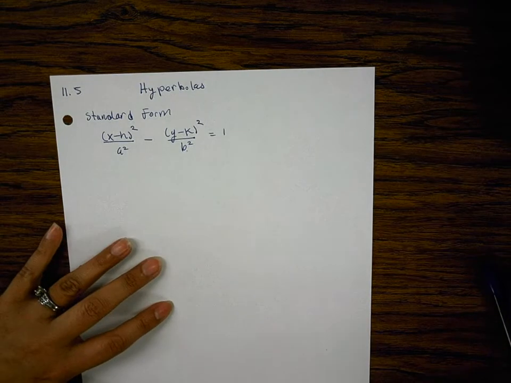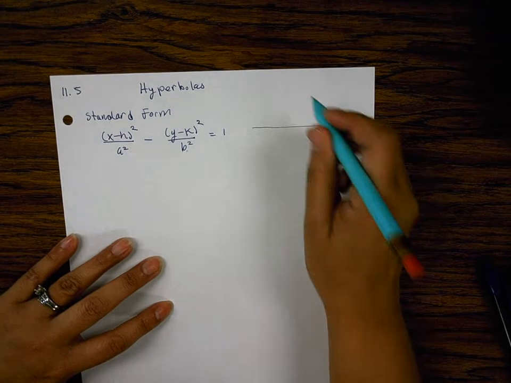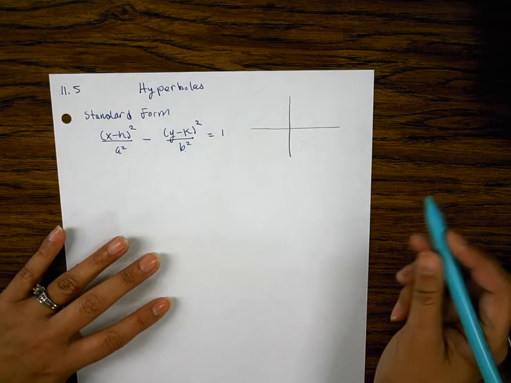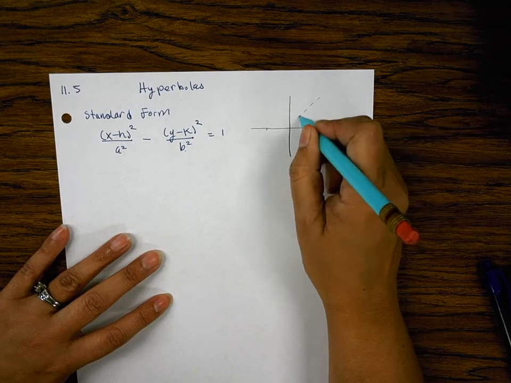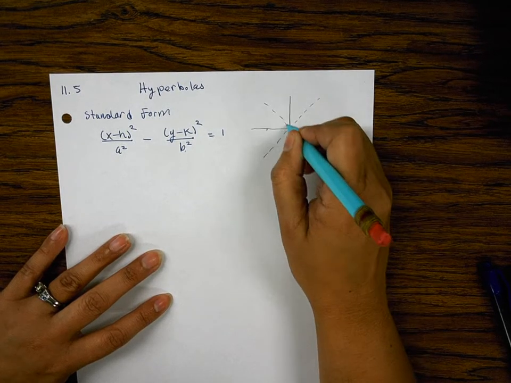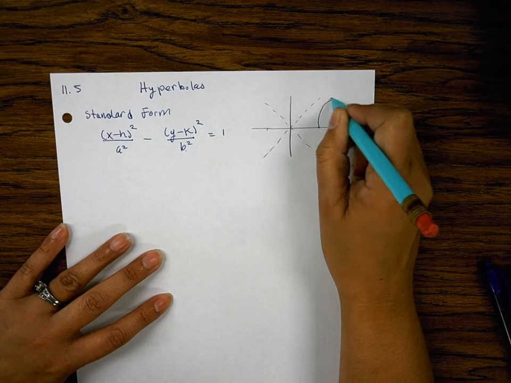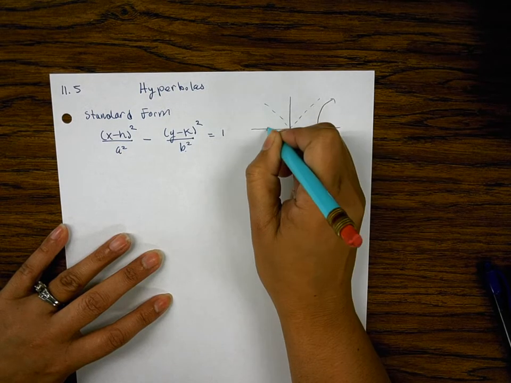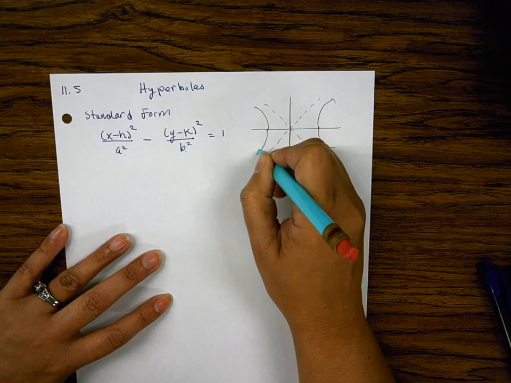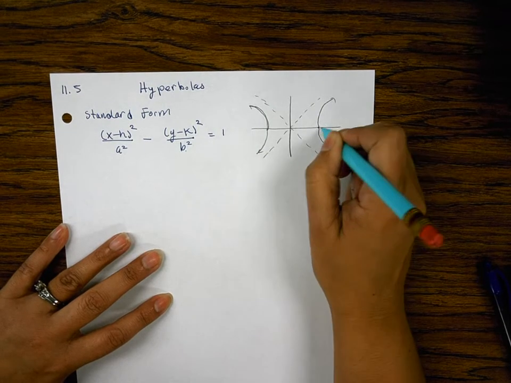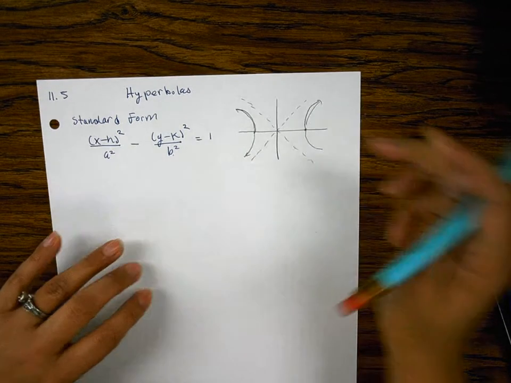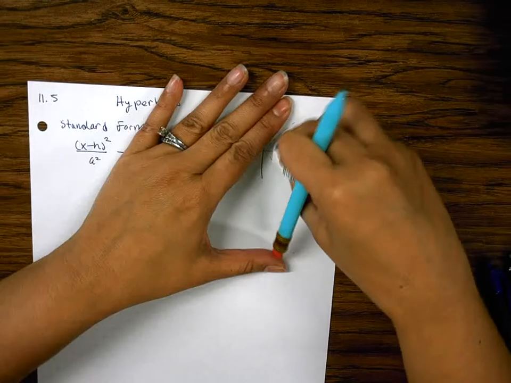Just a quick reminder, because you have done these before, a hyperbola looks something like this. You're going to be drawing a box shape, and you'll have these asymptotes, and then you have these parabola-like shapes on each side. If you remember that from last year.